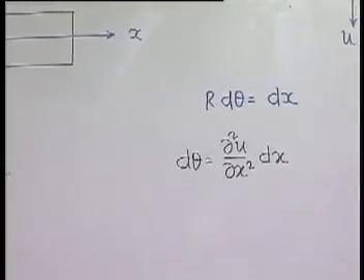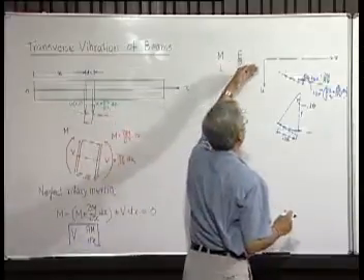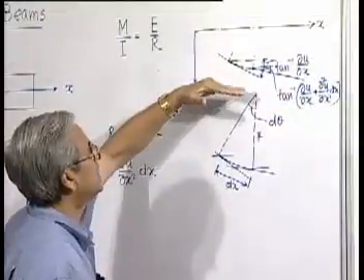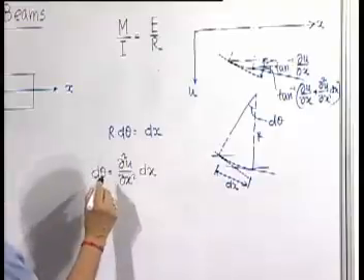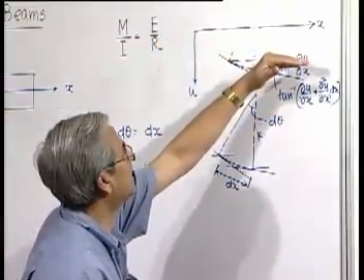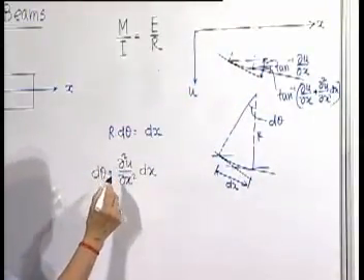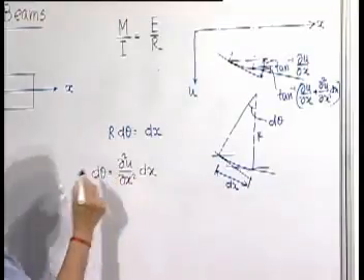The only thing we have to keep in mind is that as x is increasing, slope is decreasing. So, this is definitely a negative quantity, because if you go to increasing x, del u del x decreases. Therefore, del 2u del x square must be a negative quantity.